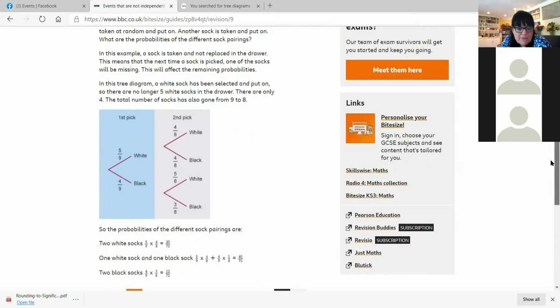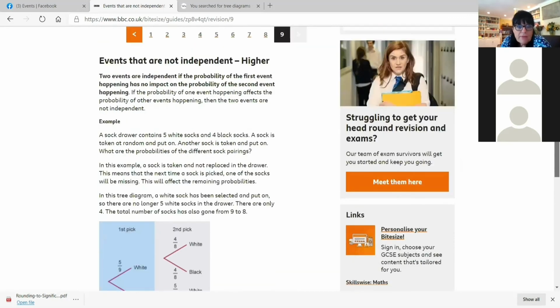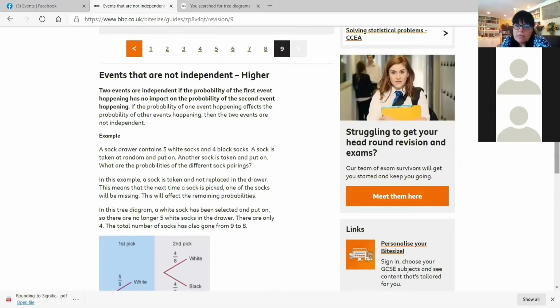All right, so here we have something a little bit different. Two events are independent if the probability of the first event happening has no impact on the probability of the second event. Say, for example, we're making party packs and we put different sweets inside, and let's say we put Rolos inside.